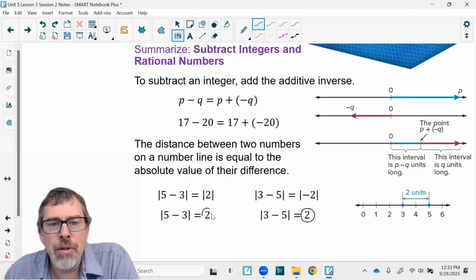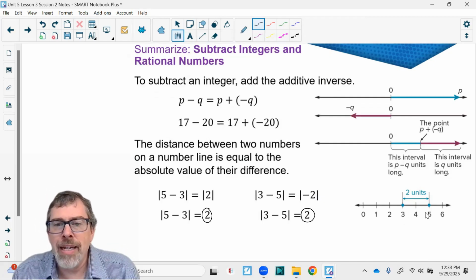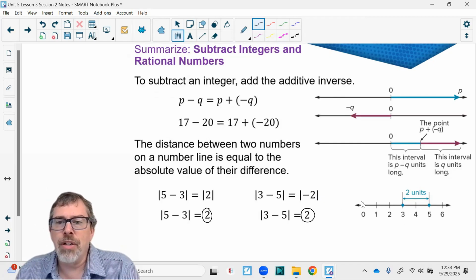So the absolute values of each one of these is the same, or the distance between 3 and 5 is 2. So it doesn't matter what order. You could say 3 minus 5 and get negative 2, take its absolute value, the distance is 2. Take 5 minus 3, get 2, the absolute value of 2 is also 2. So the distance, regardless of what direction you're going, is going to be a distance of 2.